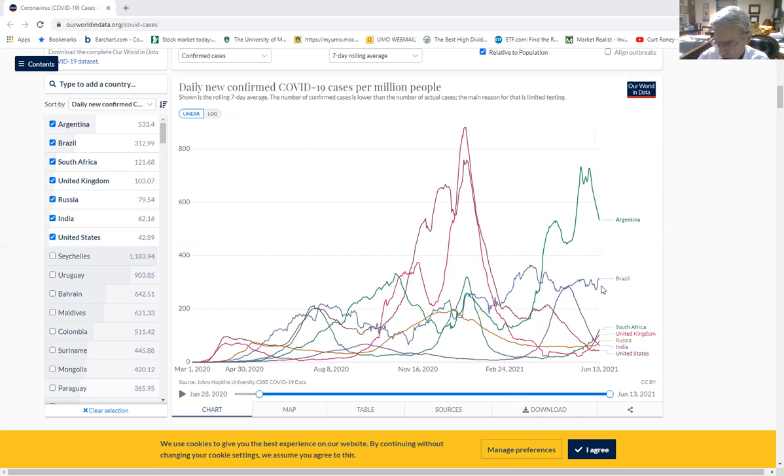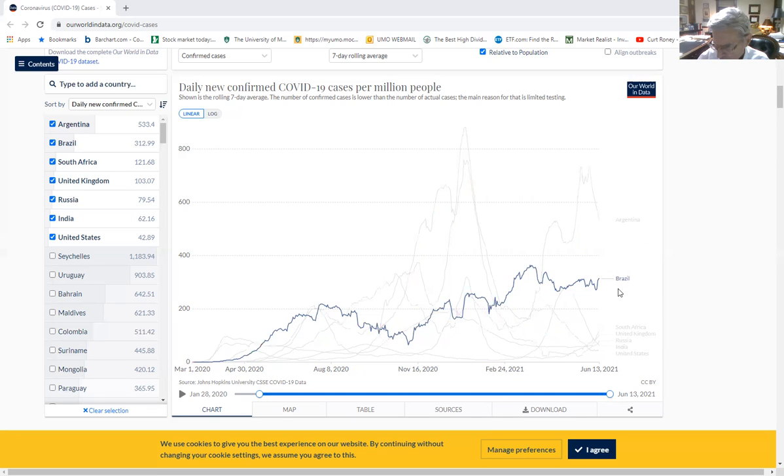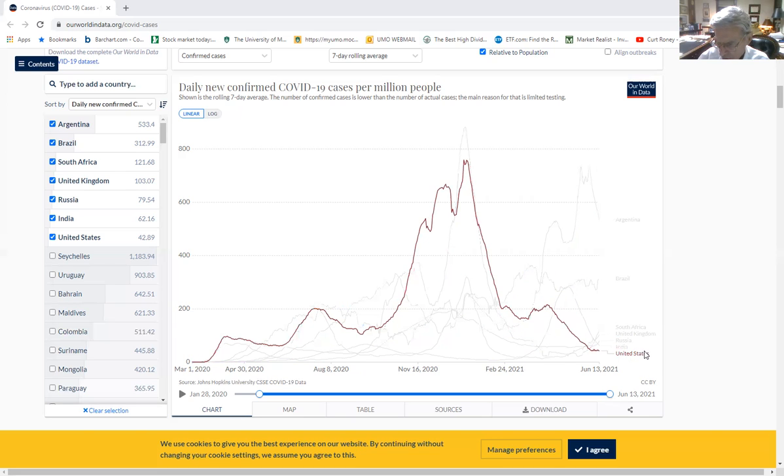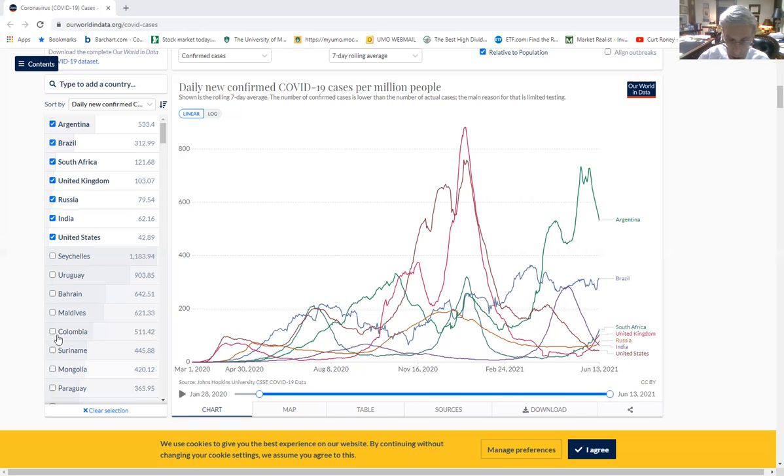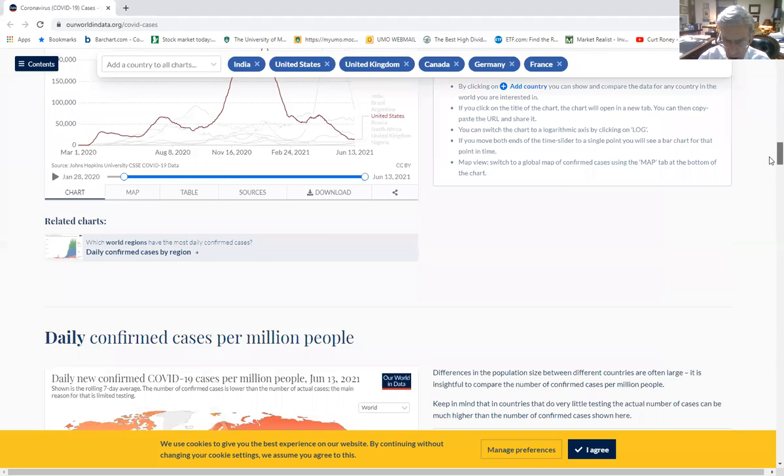And Brazil and Argentina are growing in much different ways. We also can see that India has recently had a big surge, and that it has the possibility for another one. Okay, I think that's about all that I wanted to mention about this chart. Let's take a look at the next one. And I have to go by a few things here. There it is.